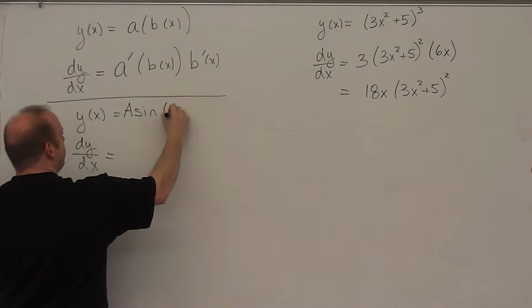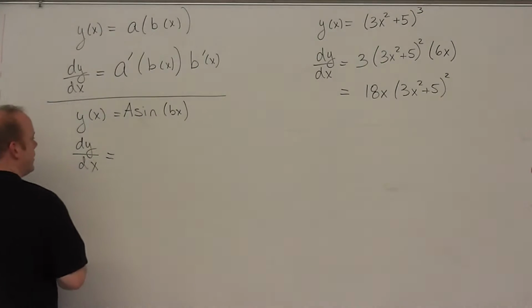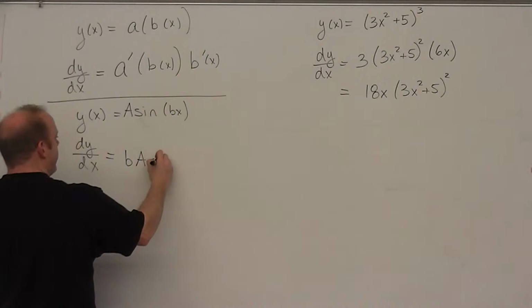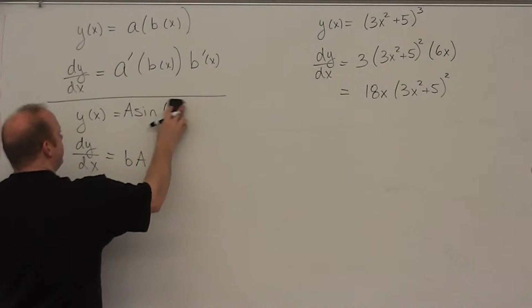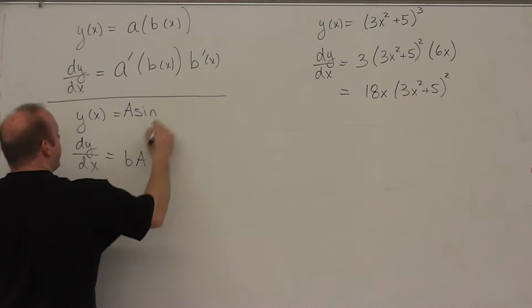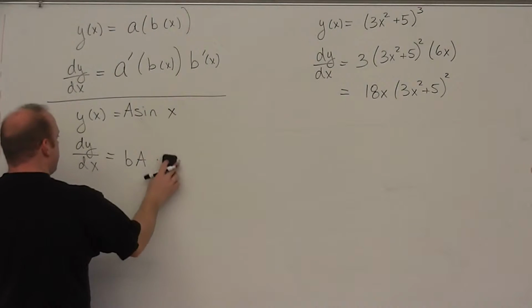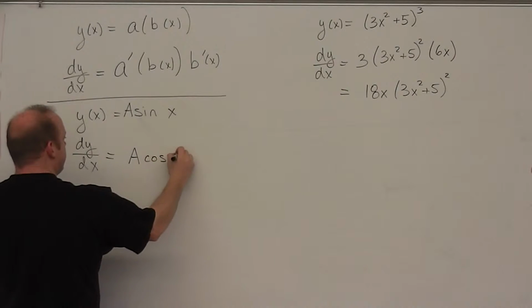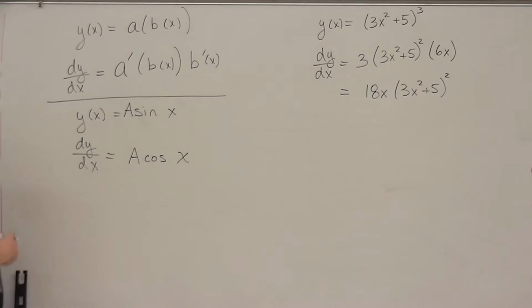A sine of bx. Okay, so now this is going to be b times a. Let's do this. A sine of x. This is going to be a cosine of x. So it's a general and a specific kind of put together.